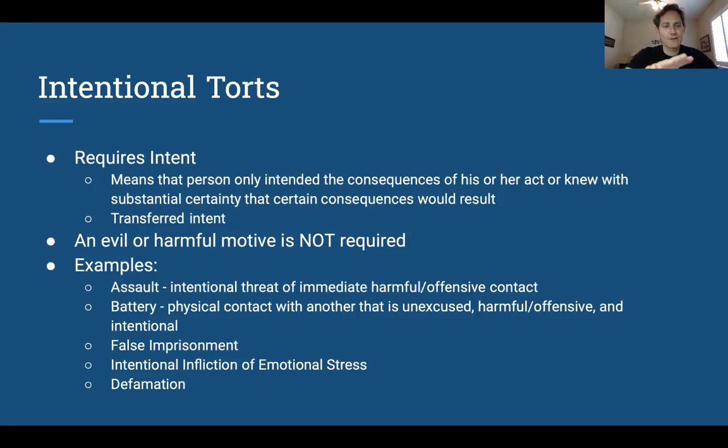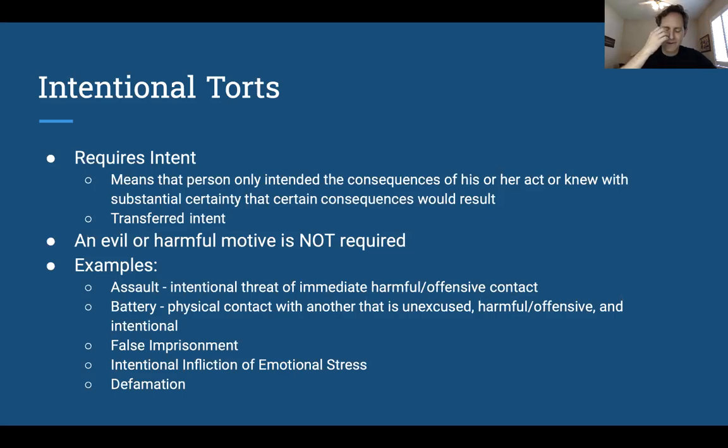Okay, so I think we're good with these first two sub-bullet points regarding intent. That first bullet point, don't get confused by that. It just means you knew that the end result would happen or could happen, not what exactly happened. All right, this second main bullet point here is also incredibly important. It doesn't matter if you had good intent or evil intent or neutral intent.